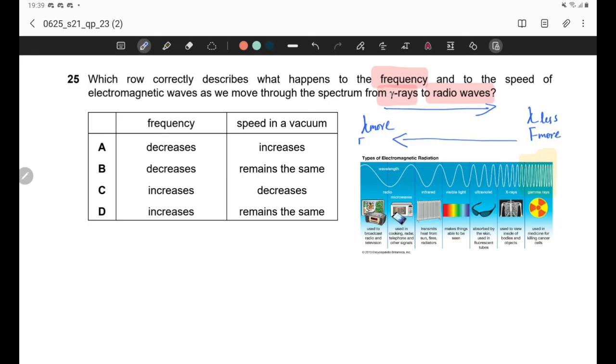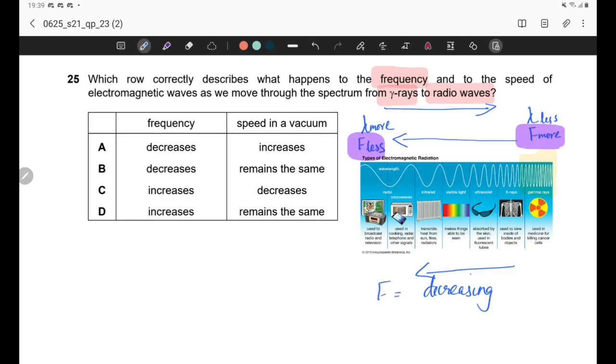The frequency is just opposite to the wavelength, so the number of waves produced will be less. As it moves from gamma rays to radio waves, its frequency is more in the gamma ray range and less in the radio wave range. So the frequency is decreasing.